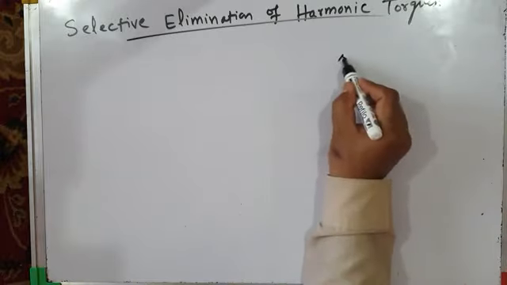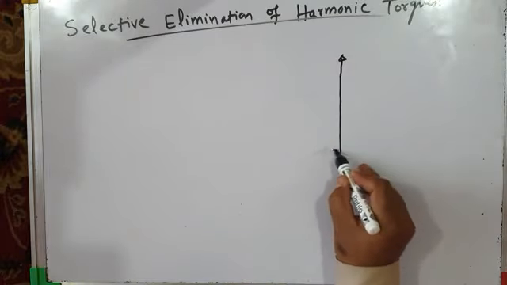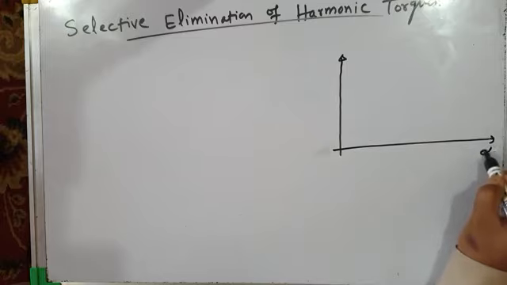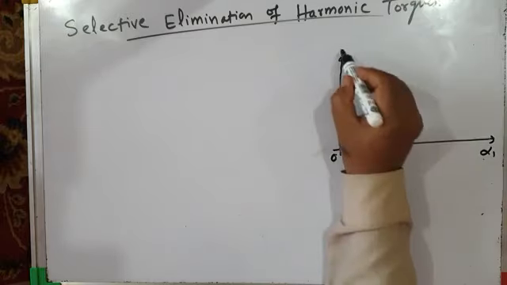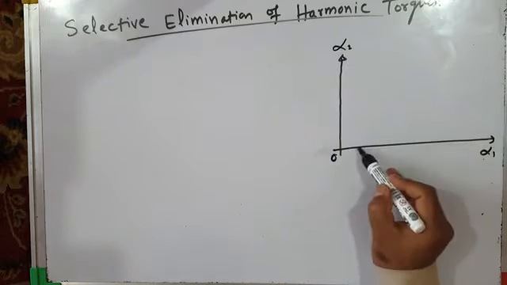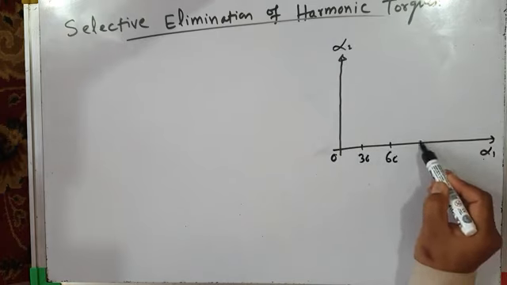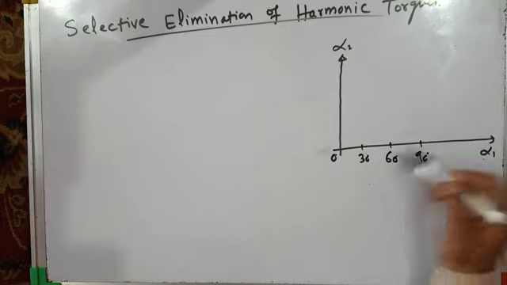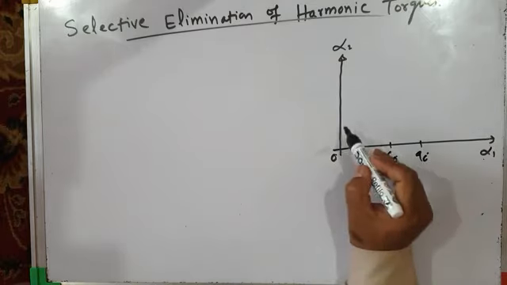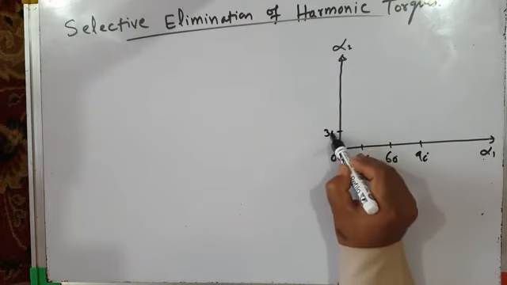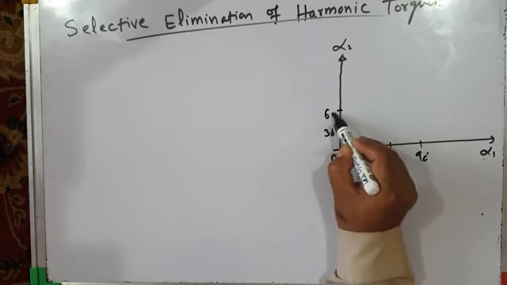Okay, I will draw the switching angle plane for your reference again. This is the alpha 1 axis. This is the alpha 2 axis. This is alpha 1 equal to 30 degrees, then 60 degrees, then 90 degrees. Alpha 1 cannot be more than 90 degrees. We already know that. Similarly, alpha 2 30 degrees, 60 degrees, 90 degrees.